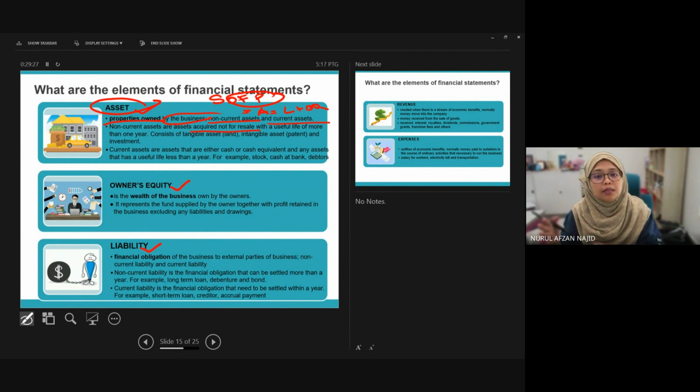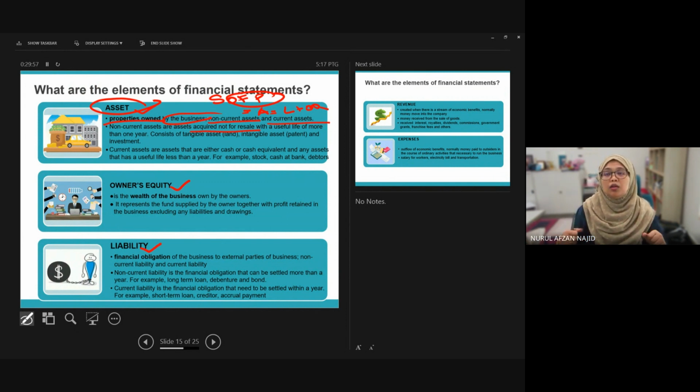Itu dipanggil sebagai non-current asset. Hopefully faham non-current asset, contoh you ada business, you beli bangunan. Bila you beli bangunan, bangunan itu you beli untuk kegunaan business, untuk you running the business dekat dalam building tu. Untuk you generate the income from the building, then itu dipanggil sebagai non-current asset.